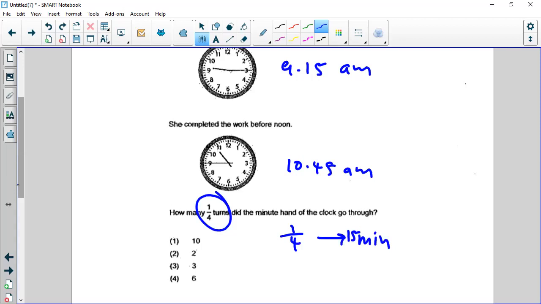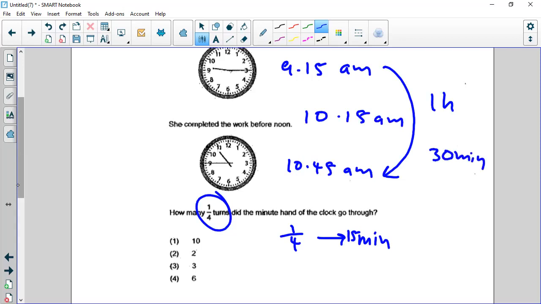From 9:15 to 10:45, how many 15 minutes? 9:15 to 10:15 is 1 hour. Then 10:15 to 10:45 is 30 minutes. So 1 hour and 30 minutes, you just change into minutes, that's 90 minutes.